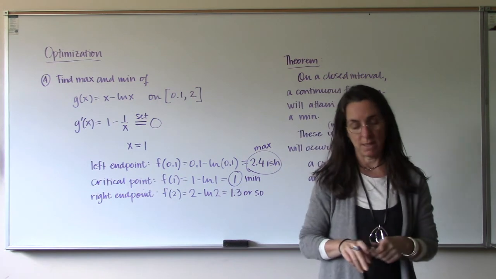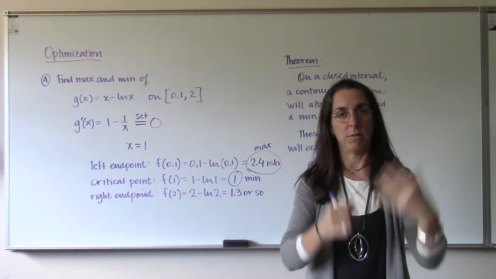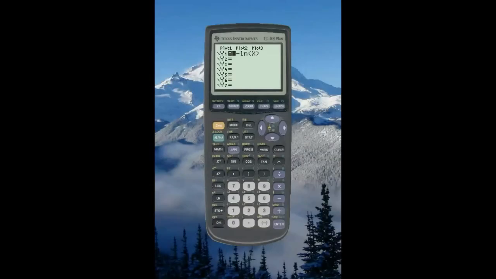And if we punch this up on the calculator real quick, we'll see that we are absolutely right. So here is the function, x minus the log of x, and I've set the window so that we're just looking at the portion of the x-axis that corresponds to the interval given in the problem.